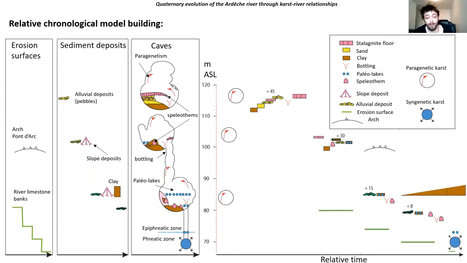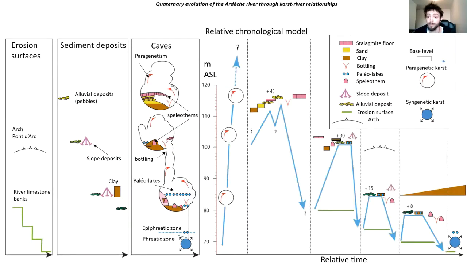For example, speleothems and flowstone deposits, as well as clay and sand deposits. We tried to interpret them according to the main driver of the landscape evolution, which seemed to be the river, with important aggradation phases and important erosion phases that were discovered when we did the geomorphological mapping.